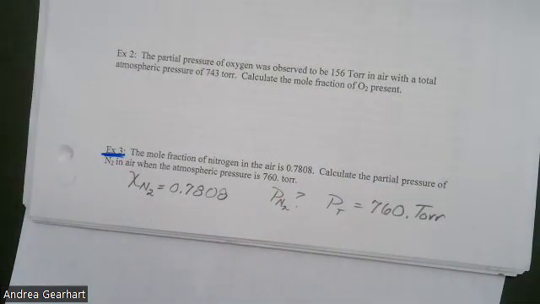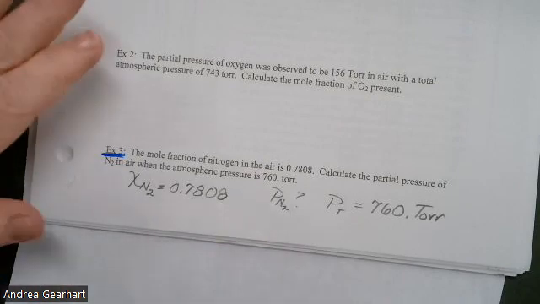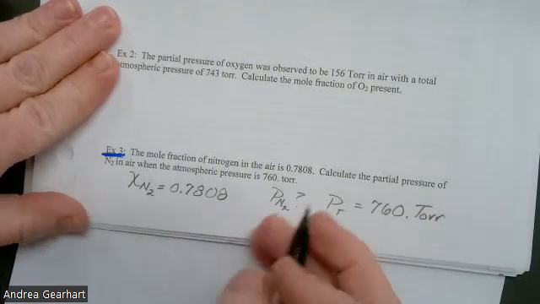A torr is one and the same with millimeters of mercury. We can keep it torr or millimeters of mercury.